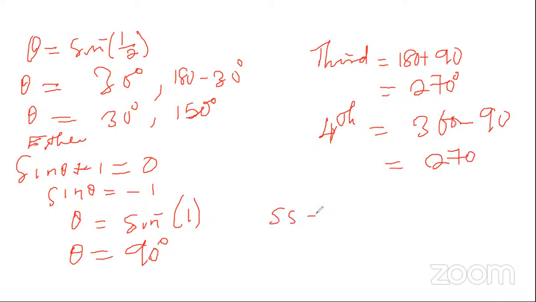Then our solution to the problem is 30, 150 and 270. 90 is not among them, because it is in the first quadrant, and in the first quadrant sine is positive, but here we have a negative sine. Can't we write 270 twice and bracket them, showing there are two angles?